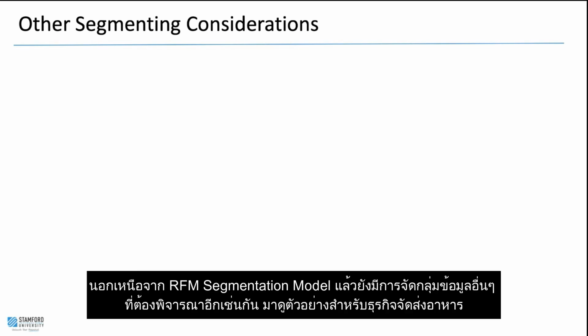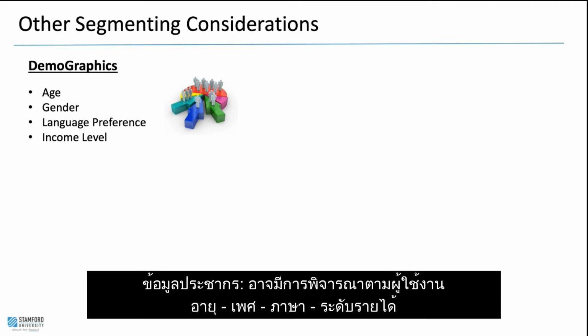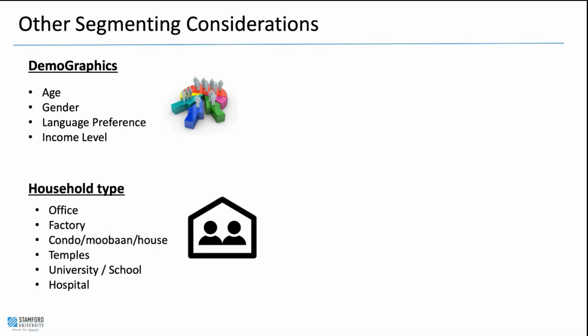All right, other things that you should consider beyond the RFM segmentation model. There's other segment clusters to consider. So in this example, we're going to look at things again around the food delivery business. And really the first is the demographics. So based on their age, gender, language, preference, or income level, are there different things that you'd want to offer to these different groups?